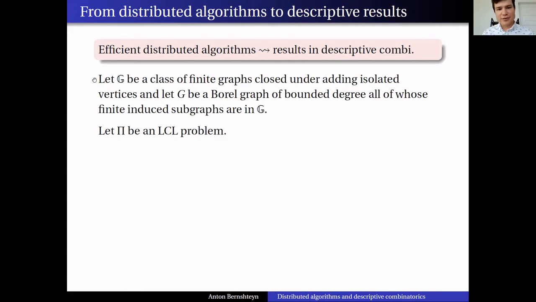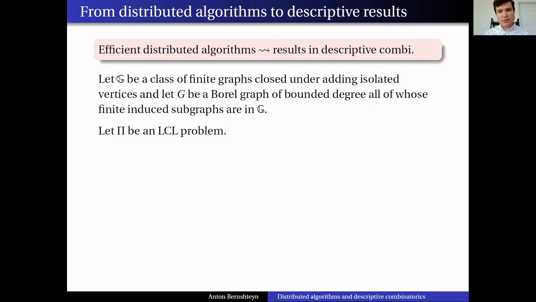Fix a class of finite graphs, G, with this technical assumption that it is closed under adding isolated vertices. So, for example, it could be graphs of maximum degree at most delta, acyclic graphs, graphs without a delta plus 1 clique, things like that, planar graphs. And let G be a Borel graph of bounded maximum degree whose finite induced subgraphs belong to this class.